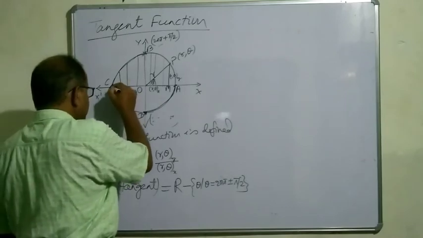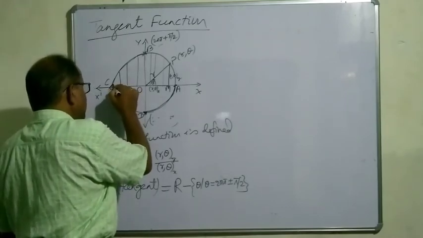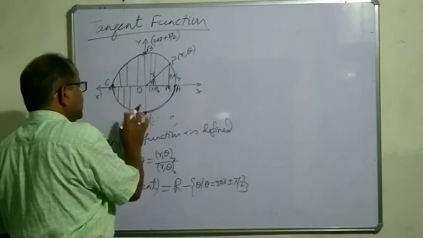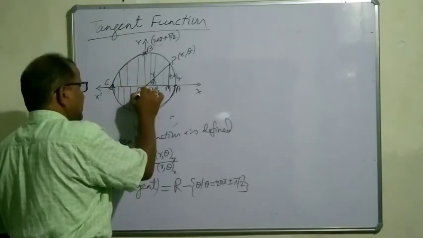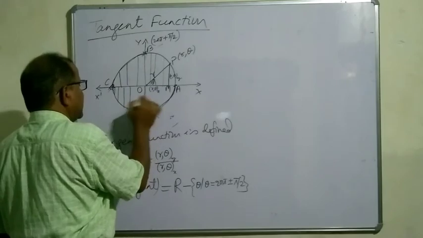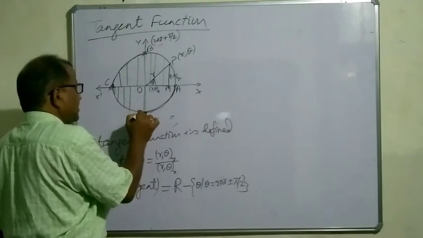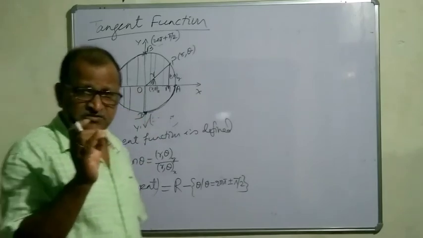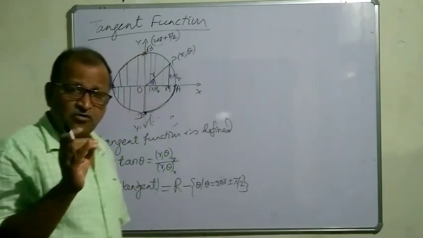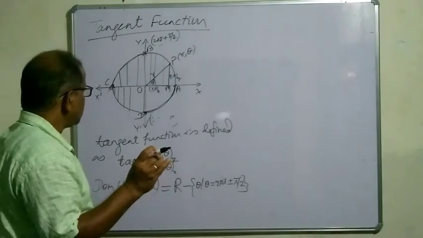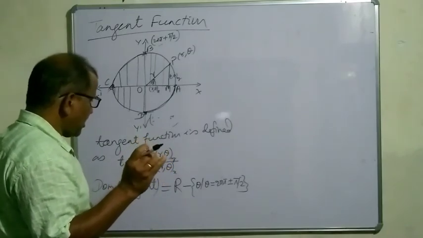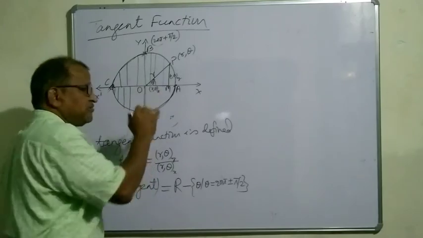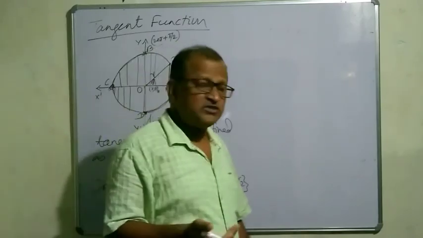Again it will decrease, meaning negatively increase. Here you see on the negative side it is decreasing, and here r theta x, though negative, is very near to 0, and r theta y is near to r. Both are negative quantities, so the result will be positive.